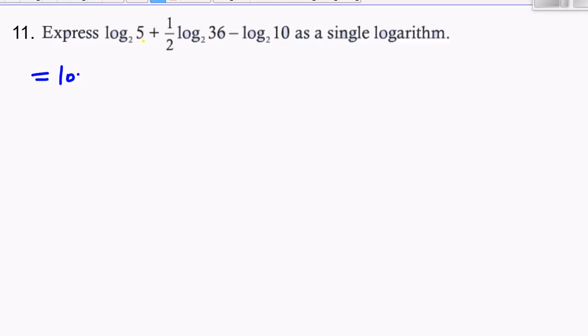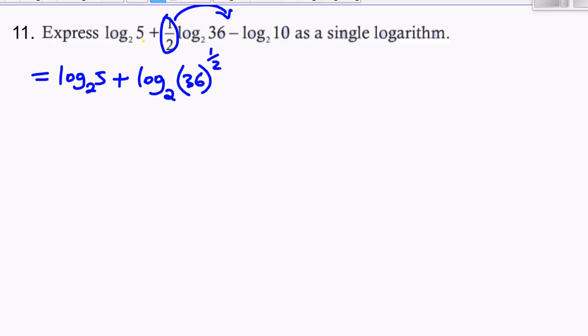So we'll end up with log to base 2 of 5 plus this I have, I'll move it here using the third law of logarithm. So I'll have here log to base 2 of 36 to power a half. It's actually the power law of logarithm minus log to base 2 of 10.